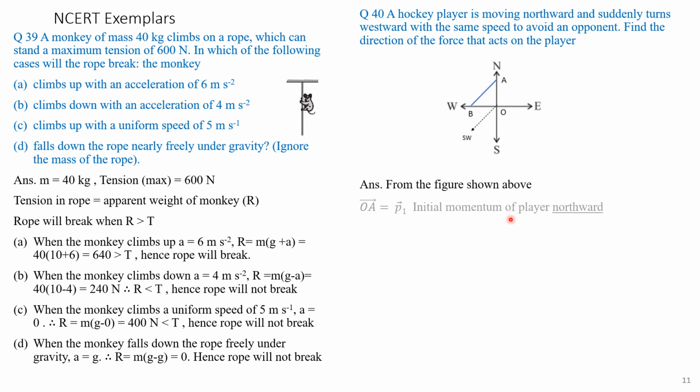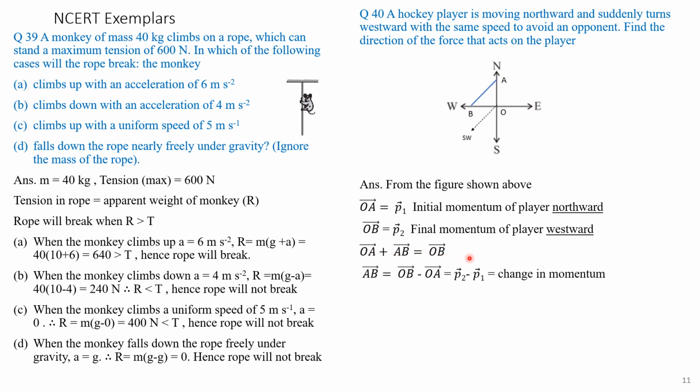From the figure as shown above, OA is equal to P1, the initial momentum of the player northwards, and OB is equal to P2, the final momentum of the player westwards. OA plus AB is equal to OB.